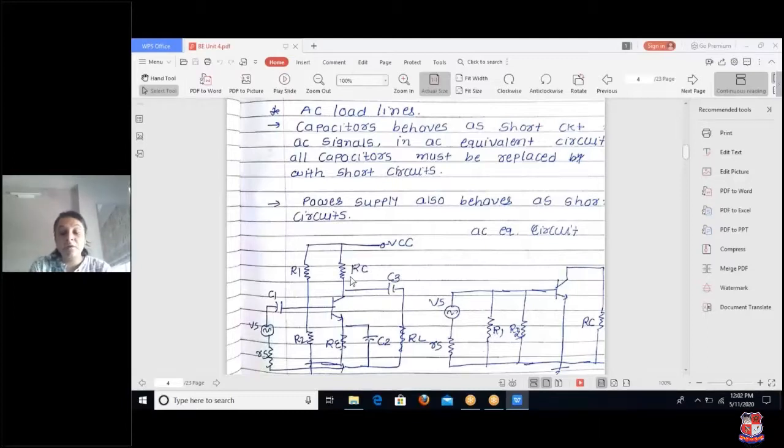RC is your output resistance, R1 and R2 are your voltage divider resistors, C1 is your input coupling capacitor, Vs is your source, Rs is your source resistance, RE is your emitter resistor, C2 is your bypass capacitor, and C3 is your output coupling capacitor, which is connected to the load.